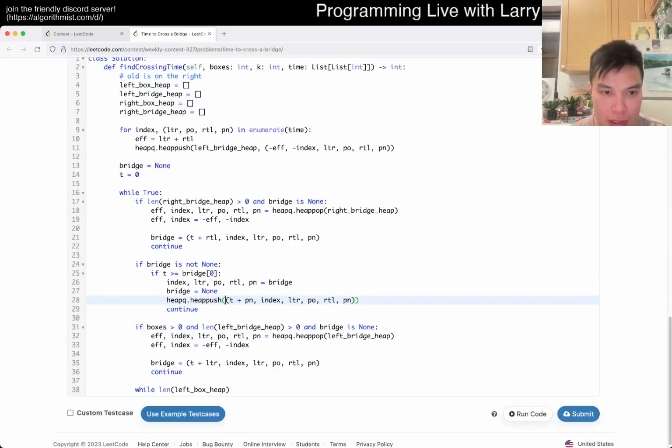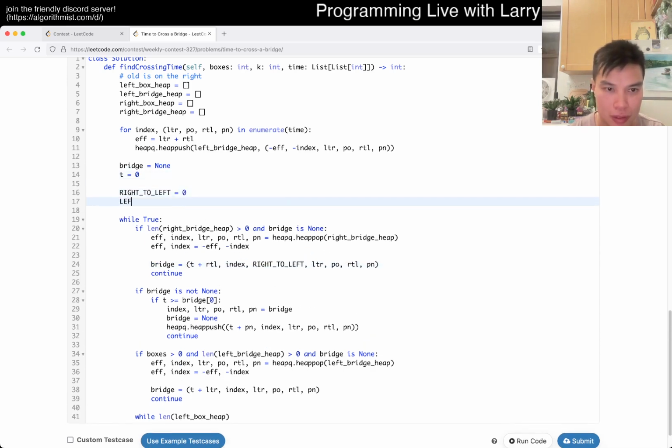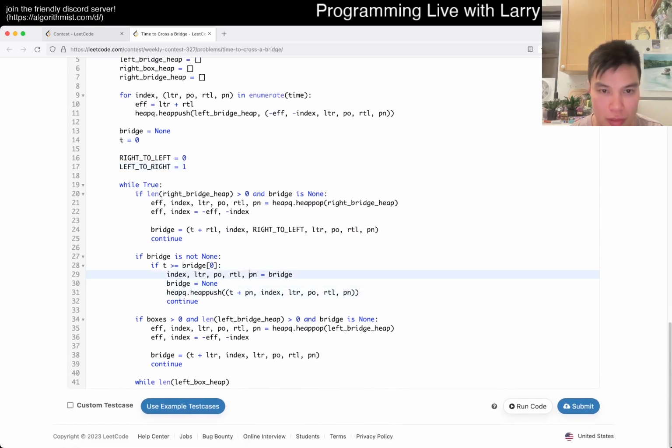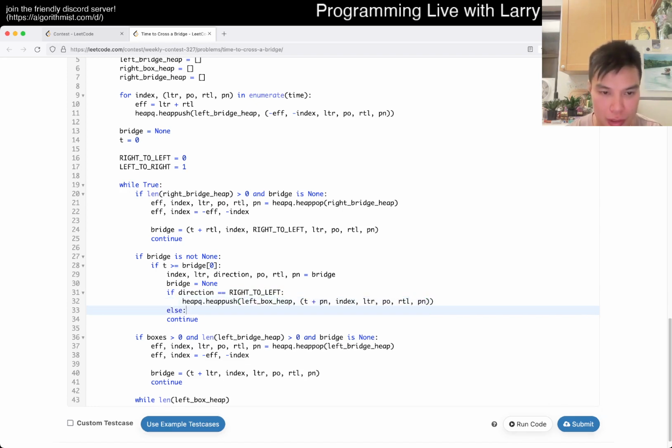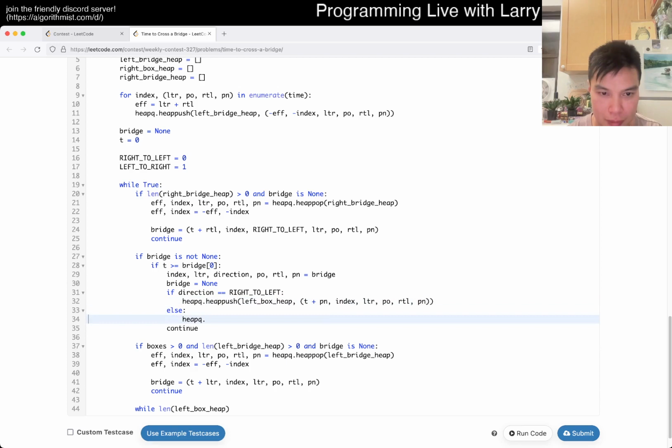So we actually want to set this to right to left. Then direction is equal to this, and if direction is equal to right to left, then this is the left box heap. Else, same thing but right box heap.